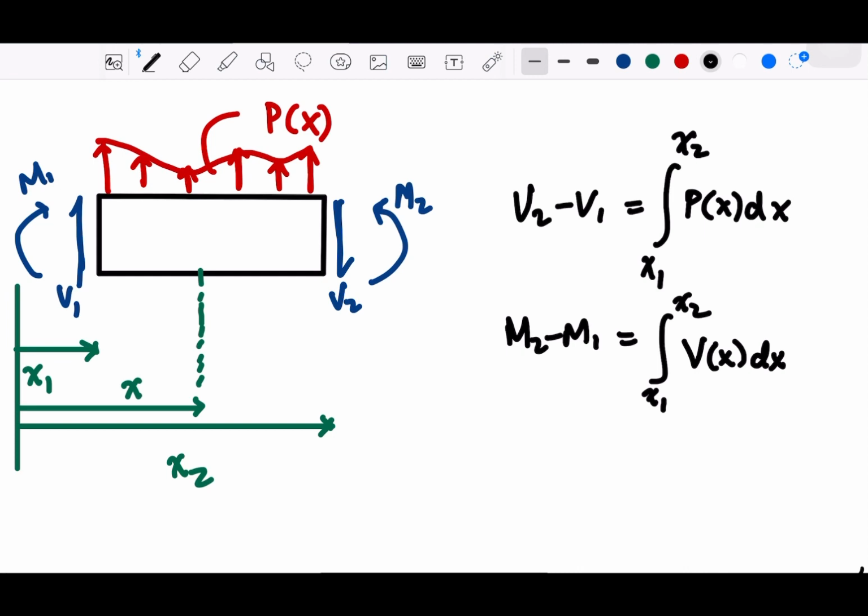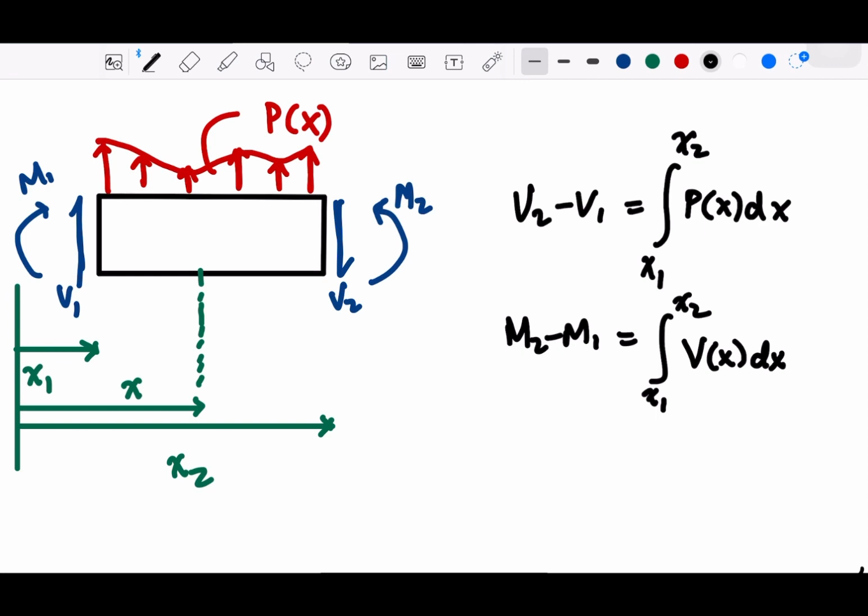That means if we have V versus distance and it's linear, then the moment will be parabolic, based on the integration relation. Or if V is constant, then the moment will be linear.